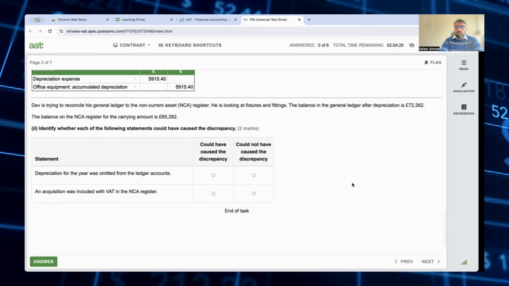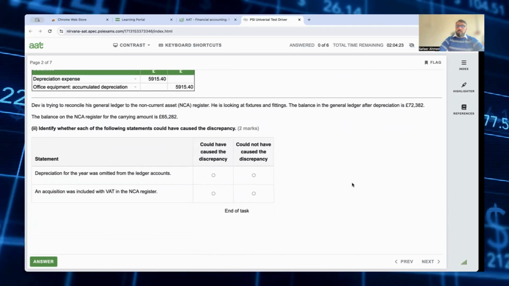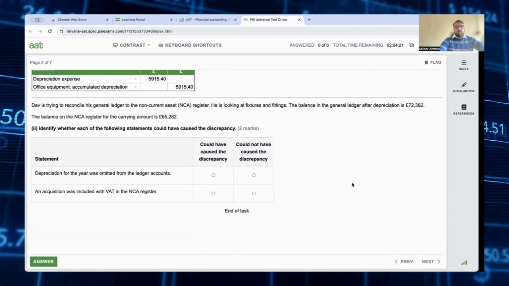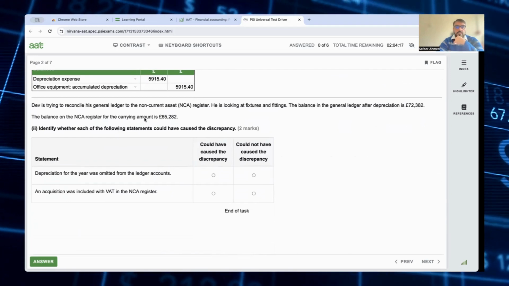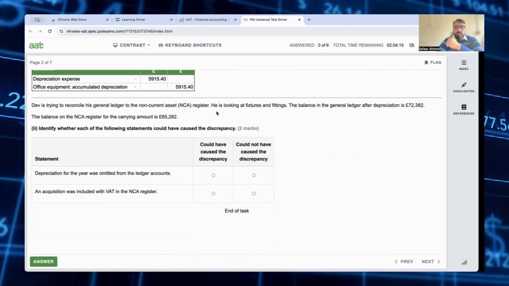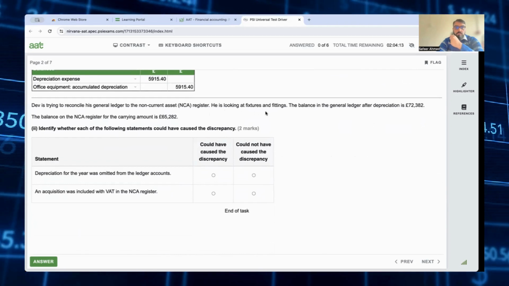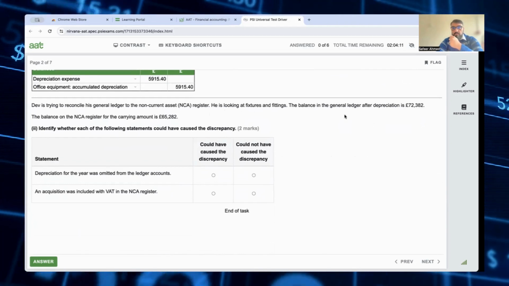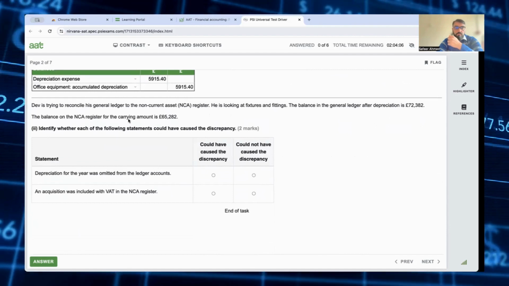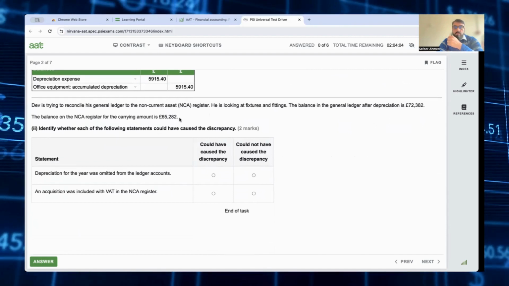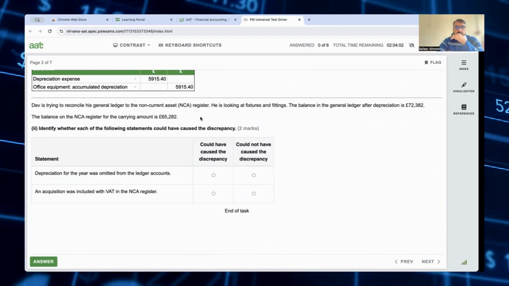Okay. The last part of this task is that Dave is trying to reconcile his general ledger to the non-current asset register. He's looking at fixtures and fittings. The balance in the ledger after depreciation is this much. The balance on the non-current asset register for a carrying amount is this much. So this is about the reconciliation.